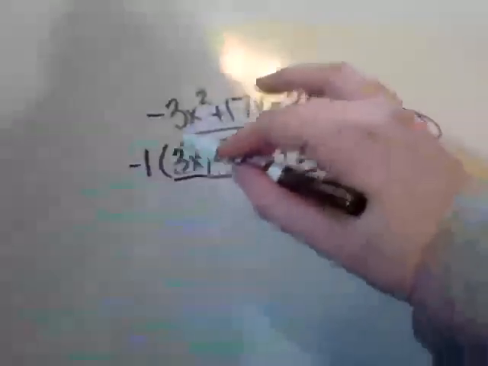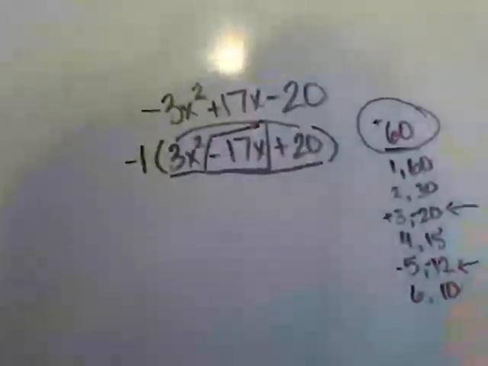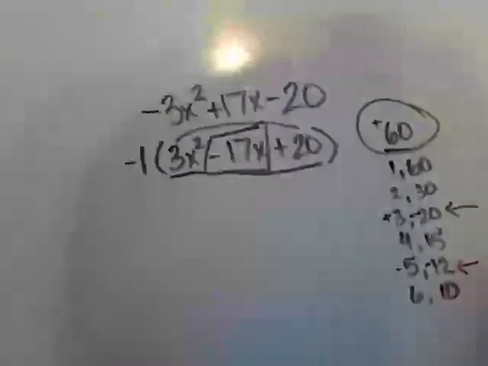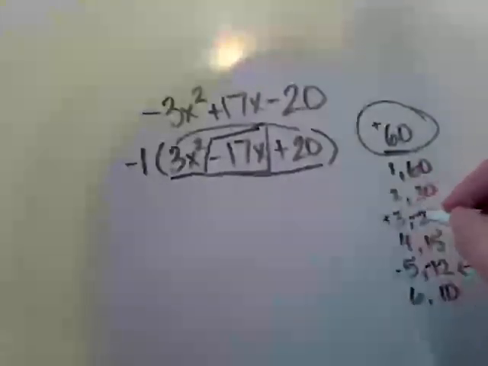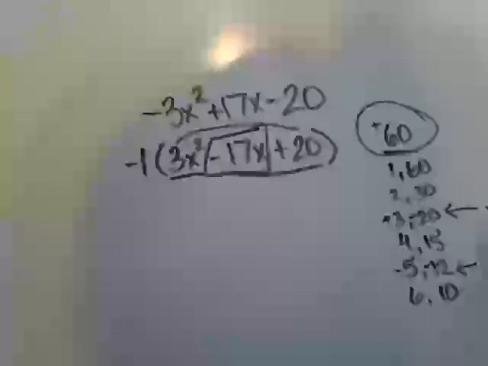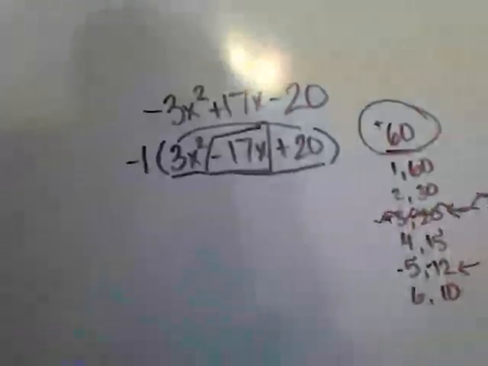It was positive 3 times positive 20, so this is a positive 60. Well, if I use the 3 and the negative 20, 3 times negative 20 gives me negative 60, not positive 60, okay? So this one is not going to work.